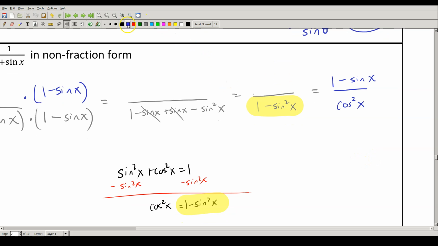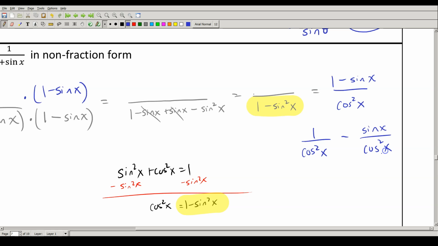So think about this. What if we take this and we kind of break it back down? We kind of decompose those fractions, kind of like the opposite of adding fractions, like breaking them back apart. So I could write this as 1 over cosine squared x, right, minus sine x over the same thing.